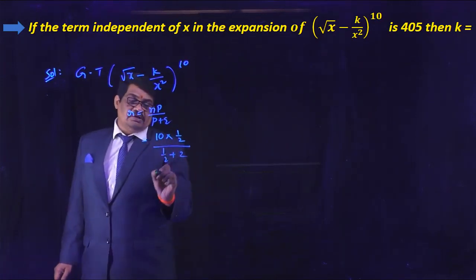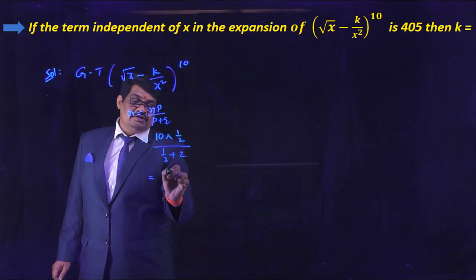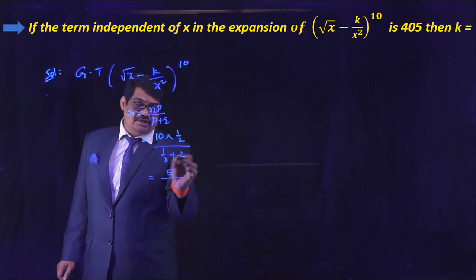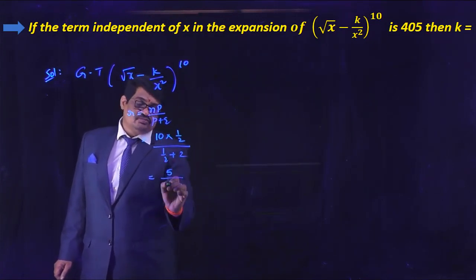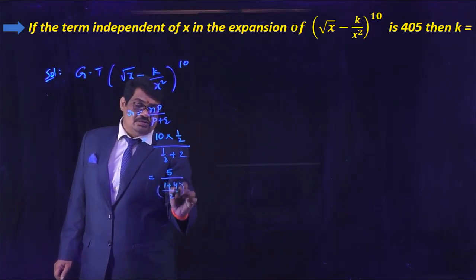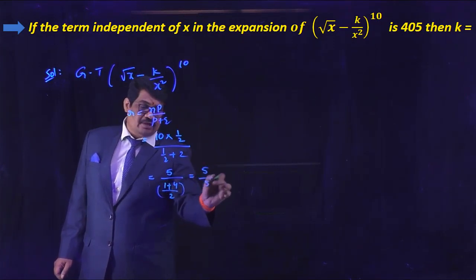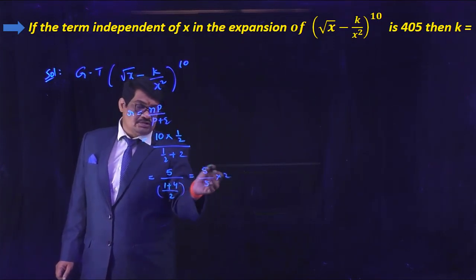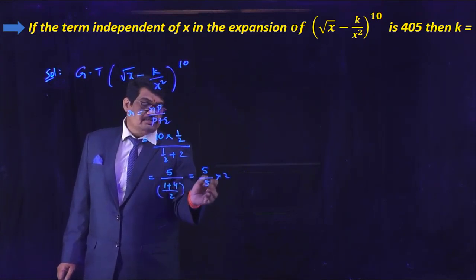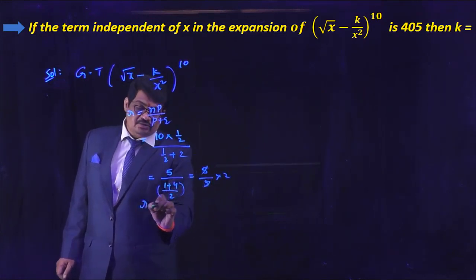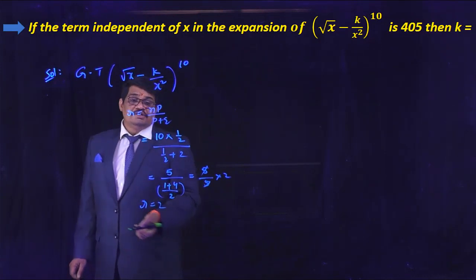From that we get 10 times 1/2 is 5, and the LCM is (1 + 2 × 2)/2 = 5/2, so 5 divided by 5/2 gives 2. We are getting r is equal to 2.